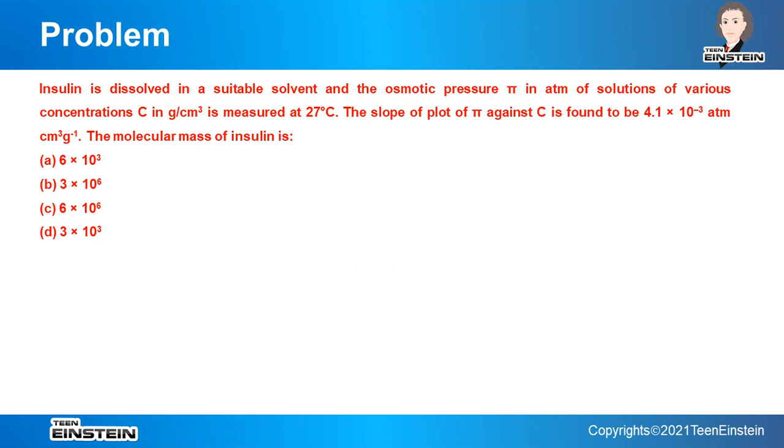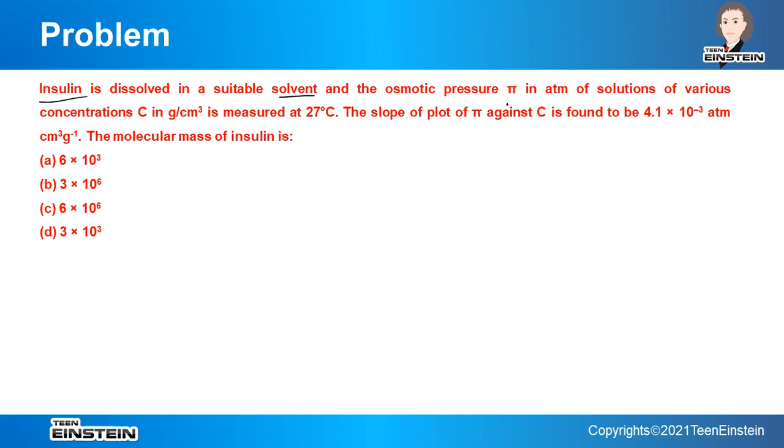Next we have a problem. Insulin is dissolved in a suitable solvent. See, we have taken a biomolecule. So this problem is regarding osmotic pressure, and now you can understand how we can calculate the molecular mass of biomolecules.